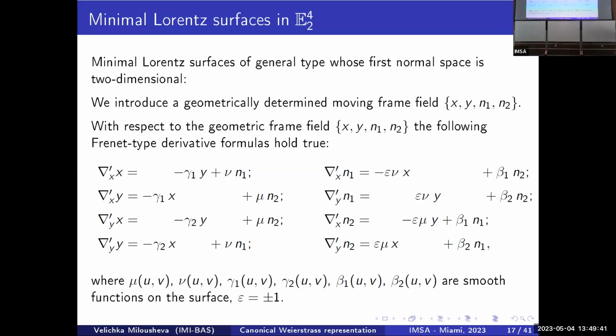These derivative formulas are expressed by six smooth functions: mu, nu, gamma 1, gamma 2, beta 1, and beta 2. Actually, these functions, when reparametrized by canonical parameters, are reduced to 2. And that's the idea of solving the Bonnet problem for this class of surfaces: to reduce the number of functions and the number of equations that determine the surface up to a motion.